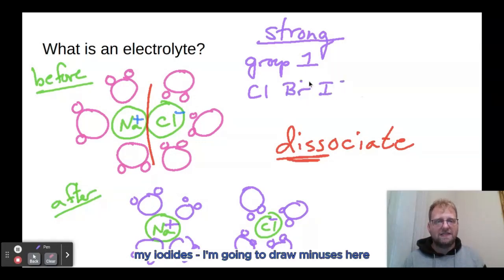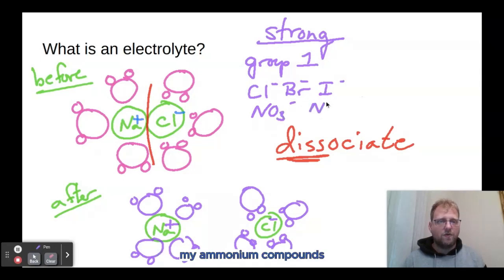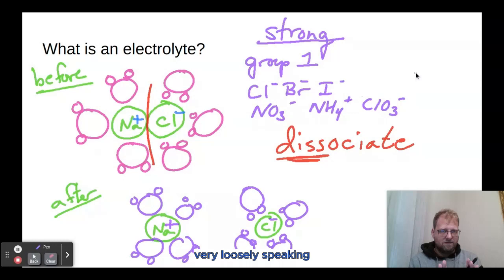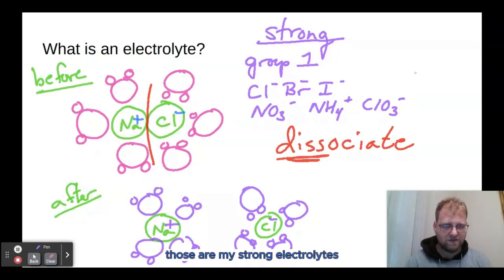I'm going to draw minuses here so we remember that we're talking about ions. Polyatomic ions such as my nitrates, my ammonium compounds, NH4+, and my chlorates. Very loosely speaking, those are my strong electrolytes.